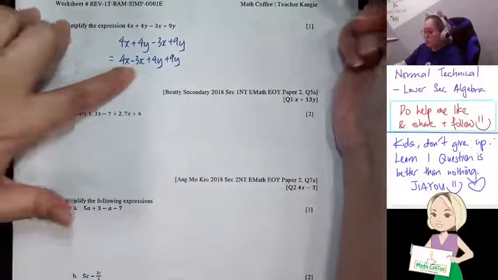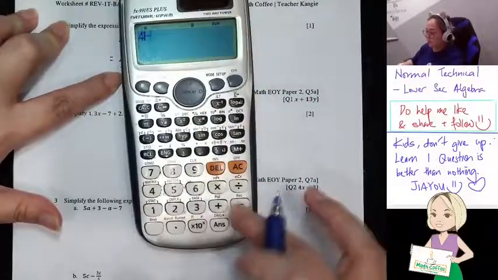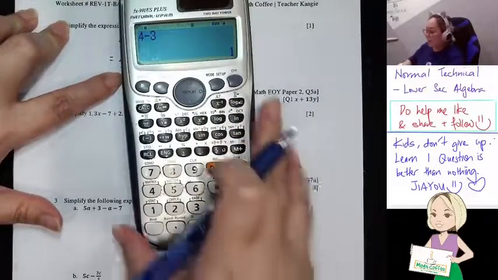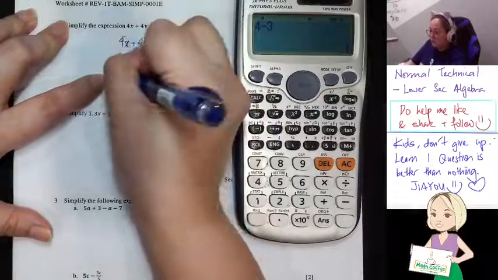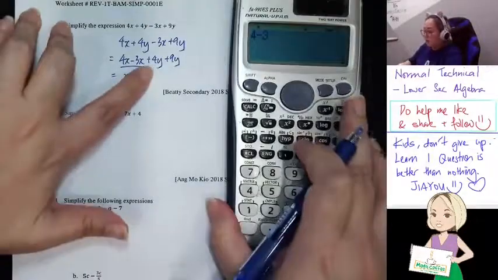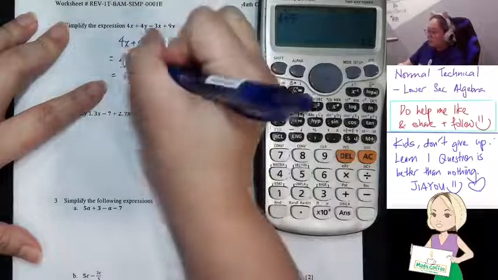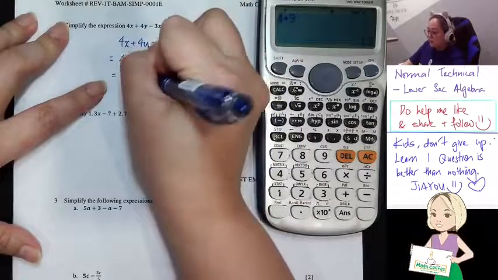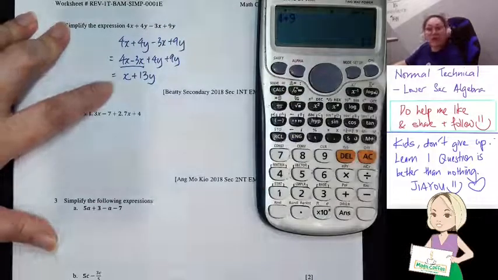For the like terms, you can press the calculator, 4 minus 3 gives you 1. But we usually don't write 1x, so we just write x. For the plus 4 plus 9, it gives you 13. Don't forget to put back your y, so it's x plus 13y.